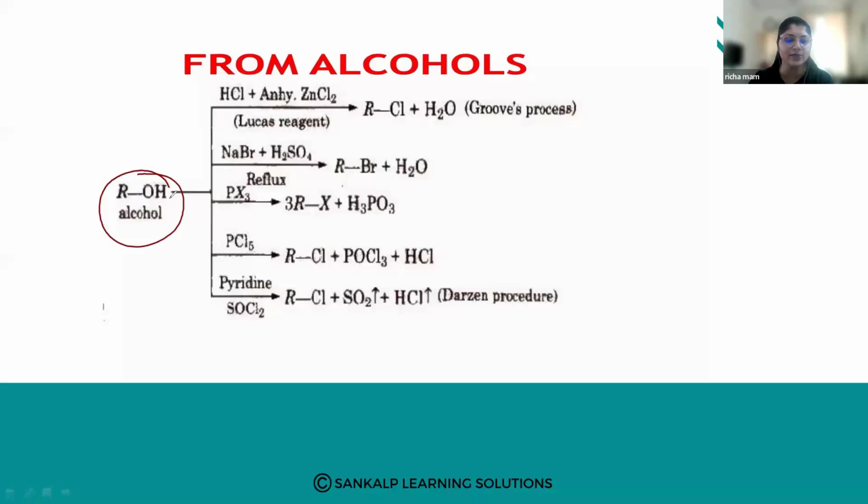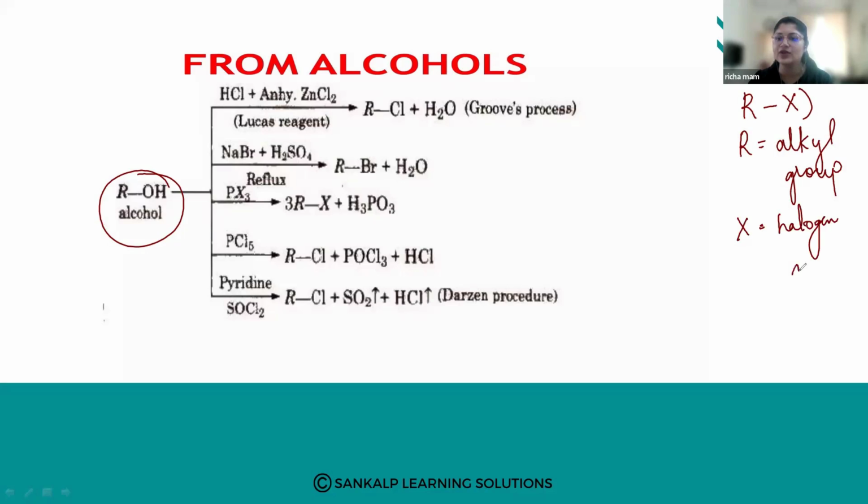Alcohol is our starting product. Alkyl halides are represented by RX. R can be any alkyl group, and X is your halogen atom. So this is the representation of an alkyl halide, that is RX.